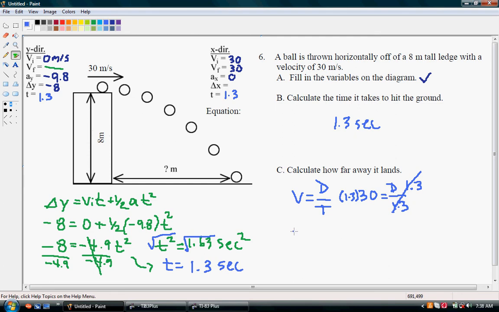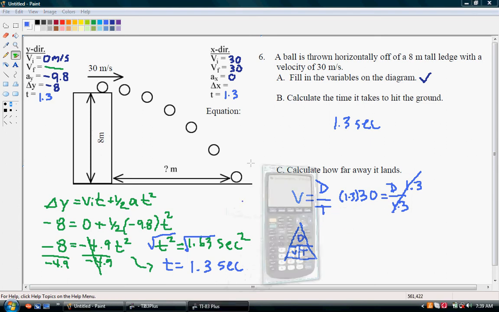And if you guys get confused about this, you can go ahead and make your triangle like we discussed in class. And d would be on the top because d is the top of your fraction, and then v and t would be the other two. You're trying to solve for distance. If you were to cover up this distance, all you would have was velocity times time. So we know distance is velocity times time.